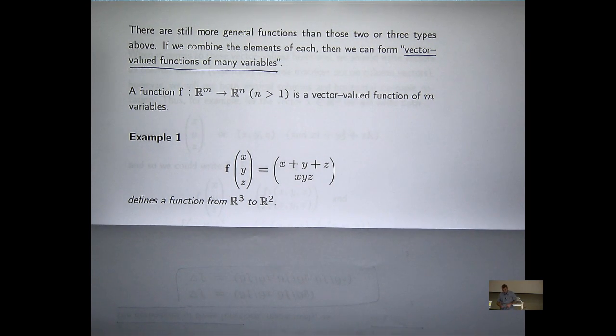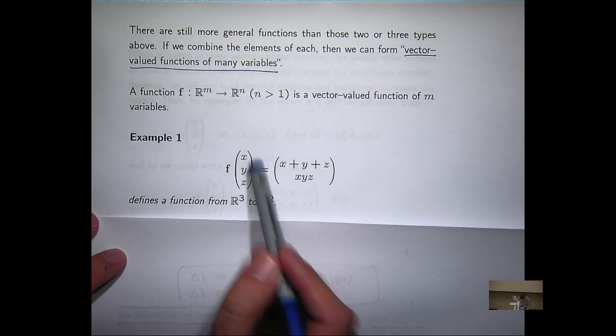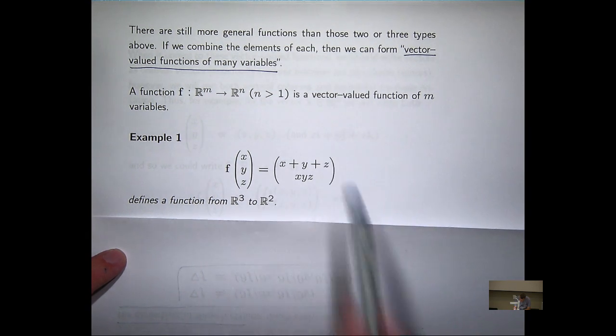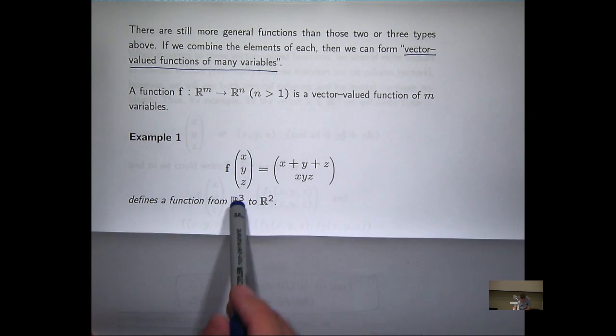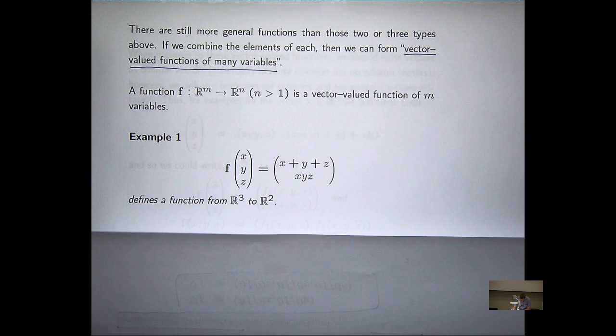Okay? So x, y, and z are all real valued. They're just numbers, right? But together, you've got some vector input and some vector output. This vector is 3-dimensional, this vector is 2-dimensional. So we haven't really looked at those kind of functions before, not in any detail anyway.